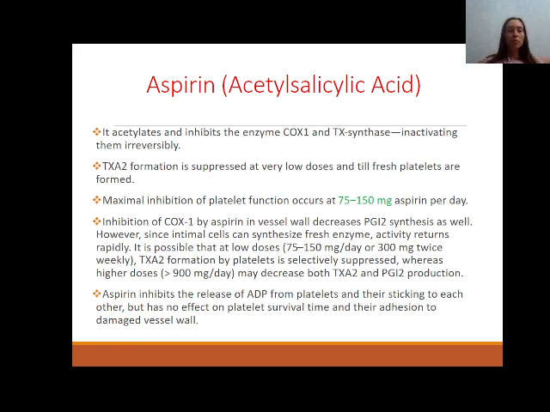Inhibition of COX-1 by aspirin in the vessel wall decreases prostaglandin I2 synthesis as well. However, since intimal cells can synthesize fresh enzyme, activity returns rapidly.